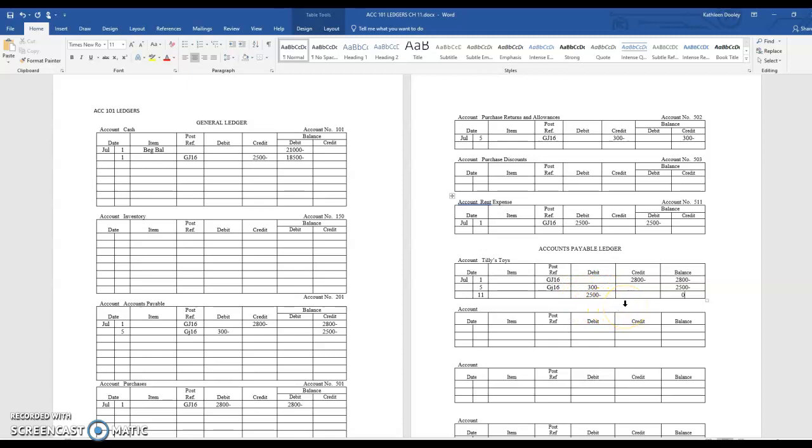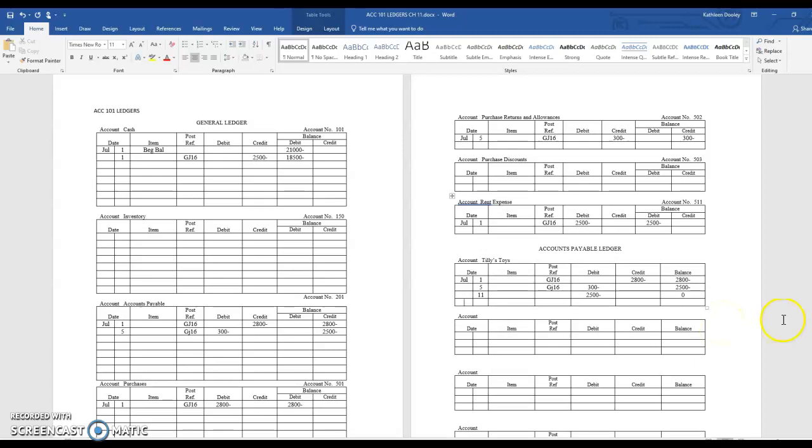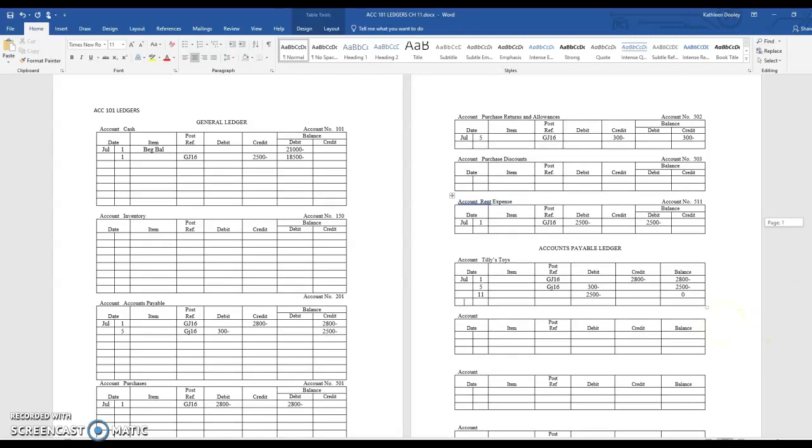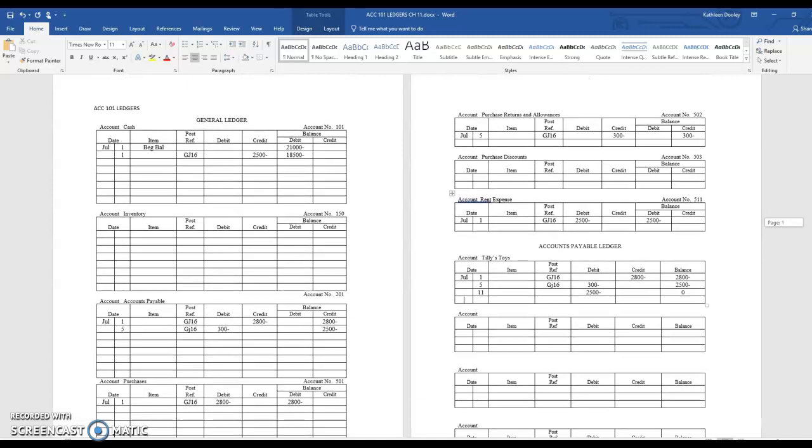Okay. Now, by the way, if you needed more space for Tilly's Toys on this ledger, you can put your cursor outside of that last spot, press enter, and that gives you an extra line for Tilly's Toys.